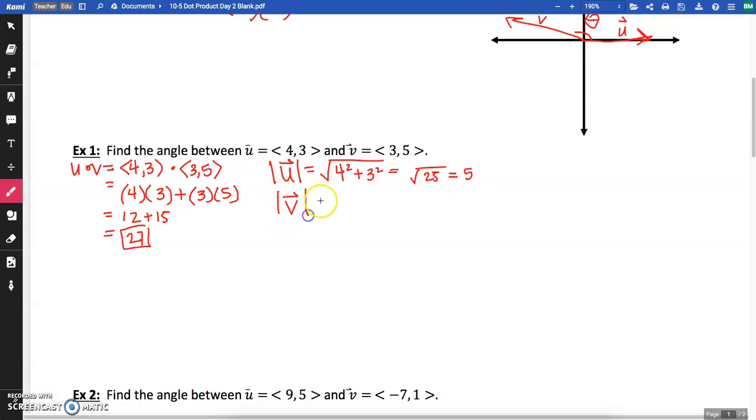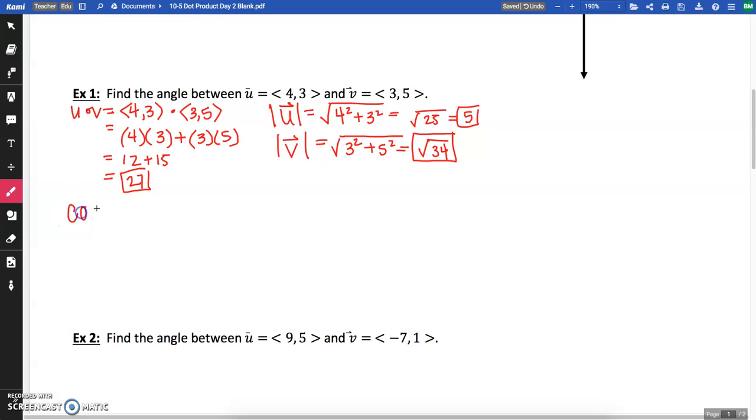The magnitude of vector v equals square root of 3 squared plus 5 squared. That gives us root 34, and we can just leave it there. We don't have to simplify anymore.